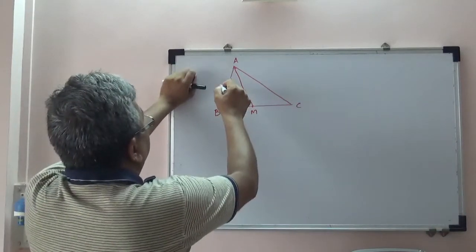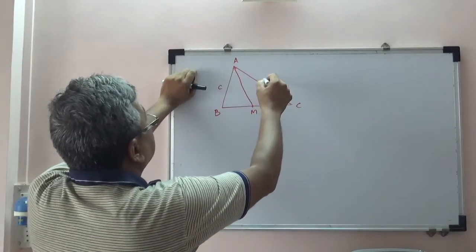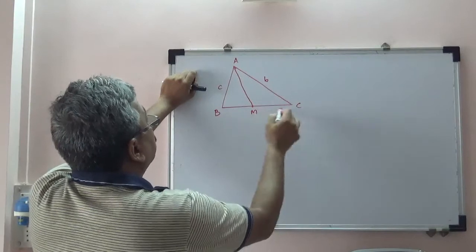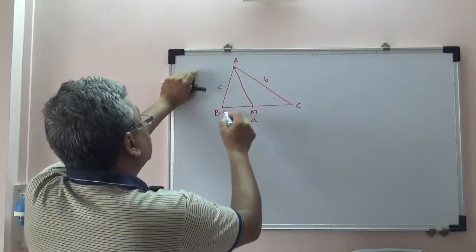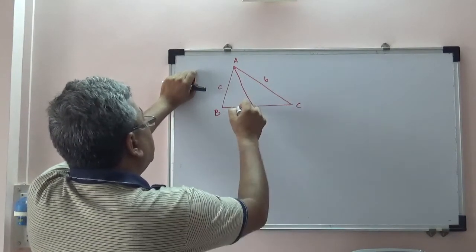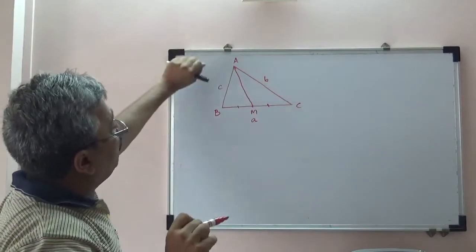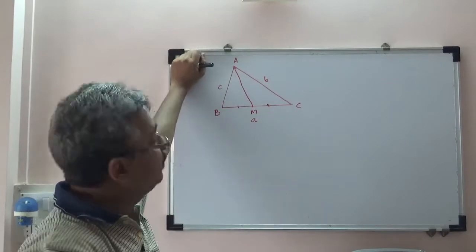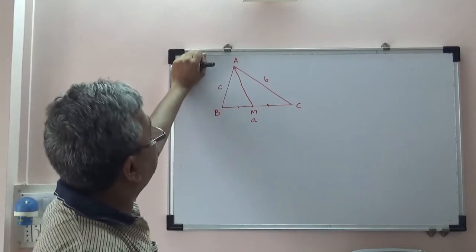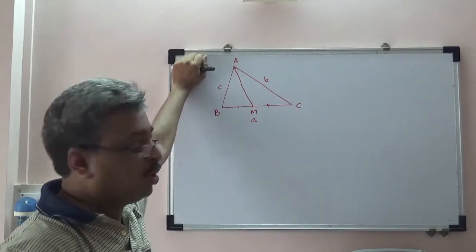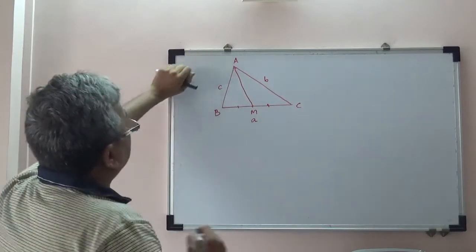So our standard notation: side opposite to capital C is small c, side opposite to capital B is small b, side opposite to capital A is small a. So distance BM is a by 2, it is a median, therefore these two distances are equal, and we wish to find out AM square, or maybe the relationship of AM square with respect to ABC.